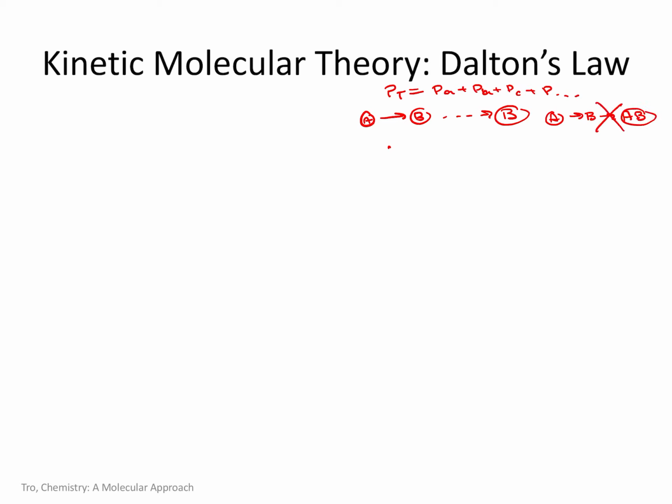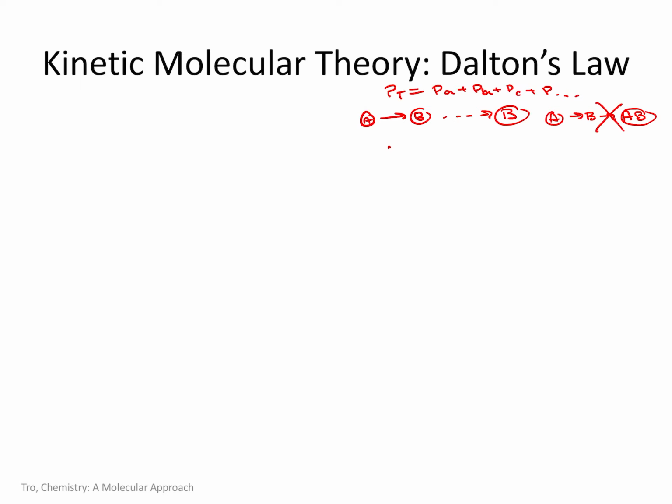They do not interact. The only property that distinguishes one type of particle from another, we know, is its mass. However, even particles of different masses can have the same average kinetic energy at a given temperature, so they can exert the same force upon collisions with the surface.